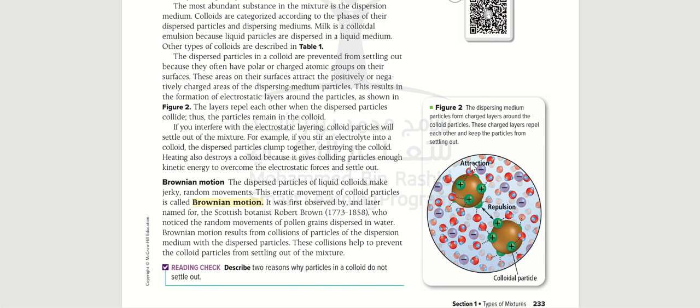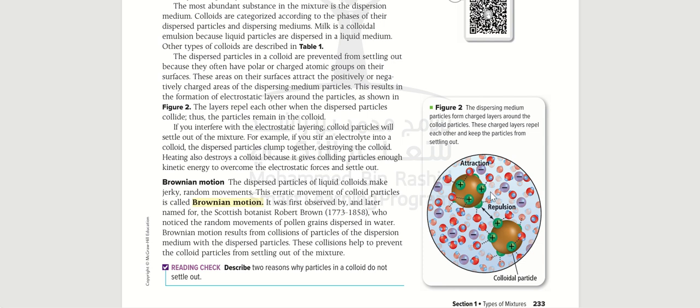This attraction and repulsion is a kind of force. This is called electrostatic force. These electrostatic layers in the dispersion media prevent the dispersed particles from settling down or settling out.